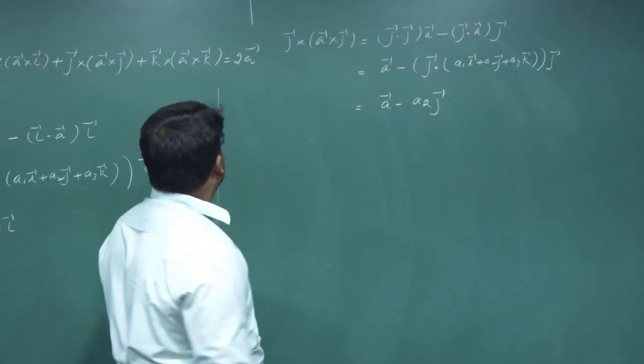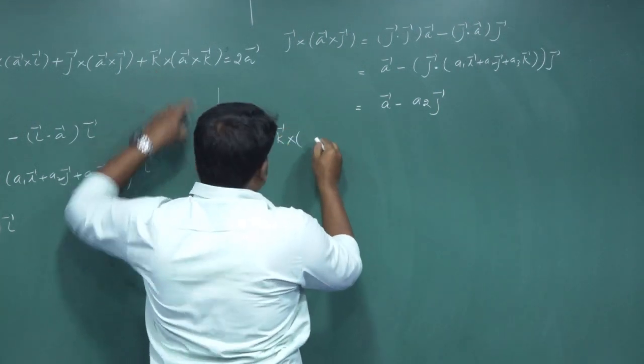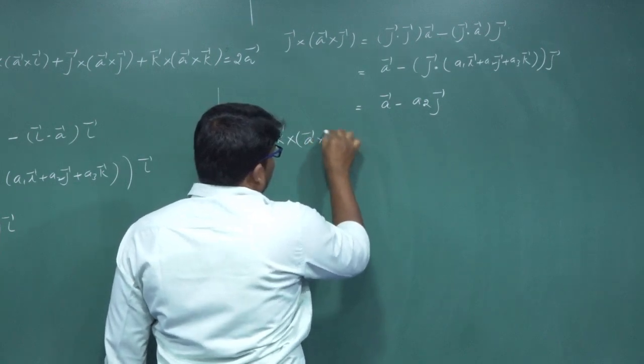And the third one, k vector cross A vector cross k vector.